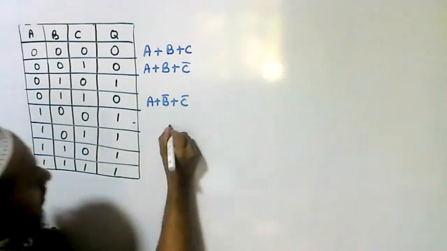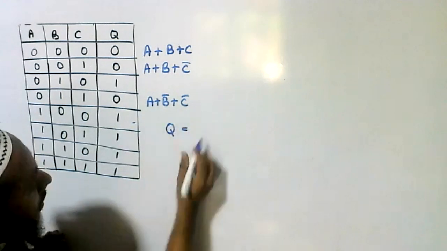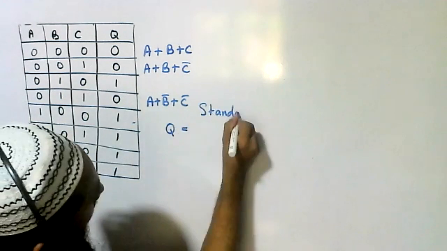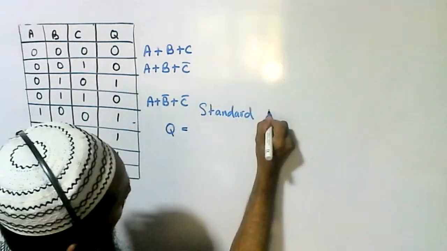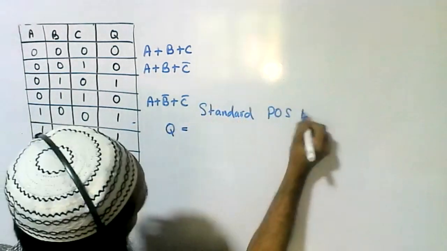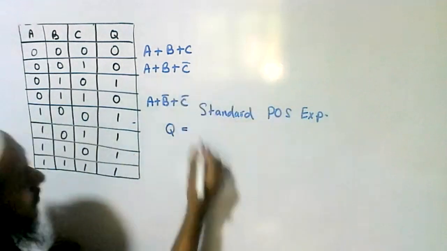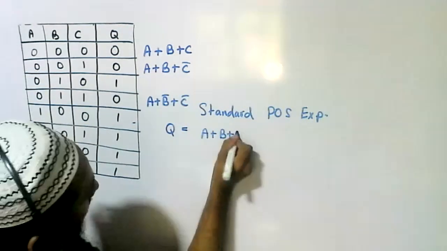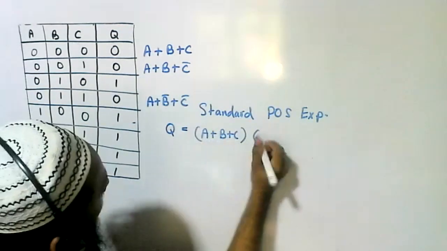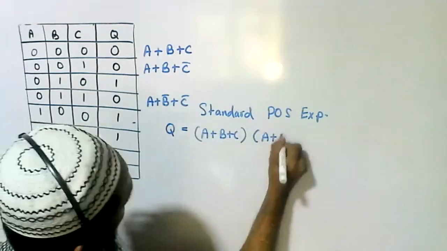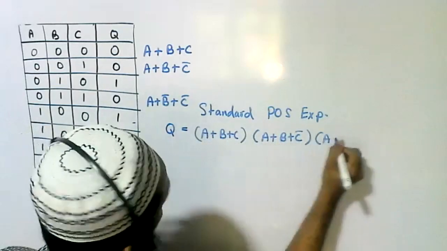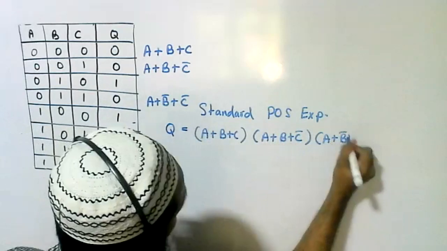Then I'll write the standard POS expression using these maxterms: (A + B + C)(A + B + C bar)(A + B bar + C bar).